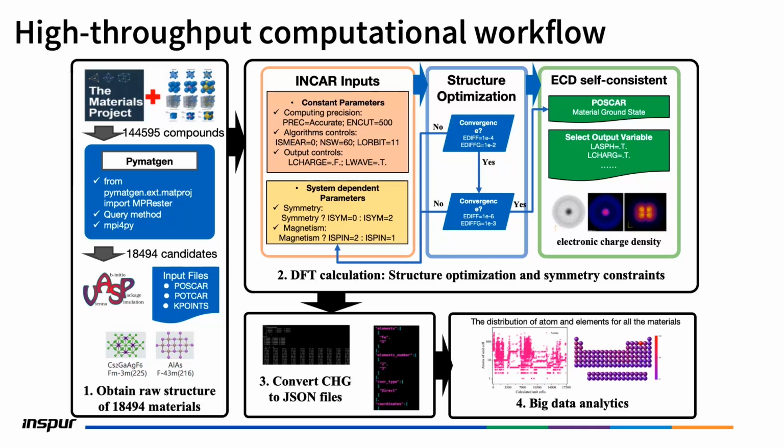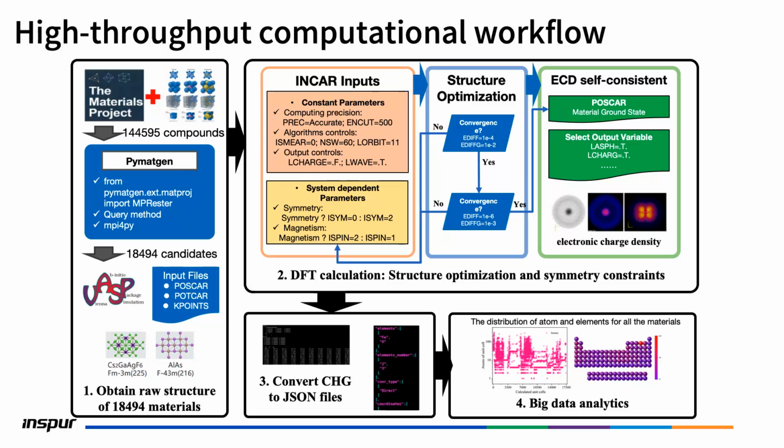The electronic charge density was first stored in the CHGCAR format, but the JSON format is more popular in machine learning research and can be integrated into other databases. So in the third step, we converted the result from CHGCAR to JSON format.